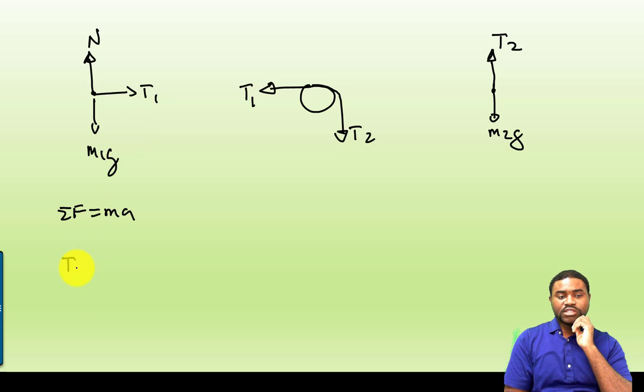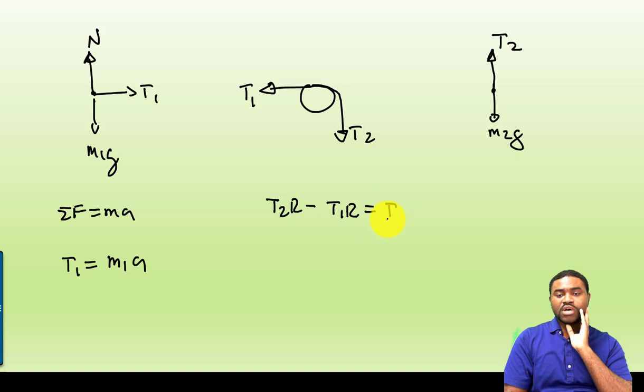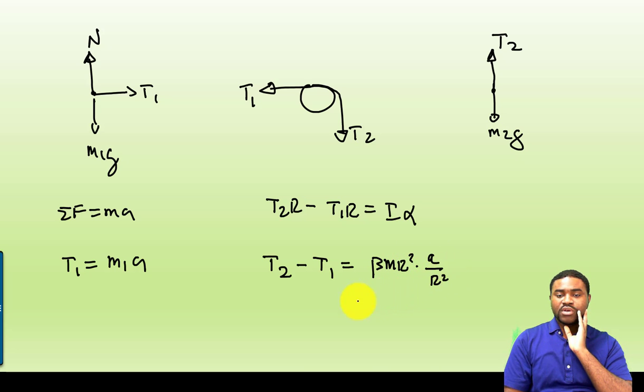to give the fact that T1 will be equal to M1A. For the pulley, we have T2R minus T1R, all of this equal to I alpha. This would mean that T2 minus T1 will be equal to beta mr squared multiplied by A divided by R squared, which will be equal to beta MA.